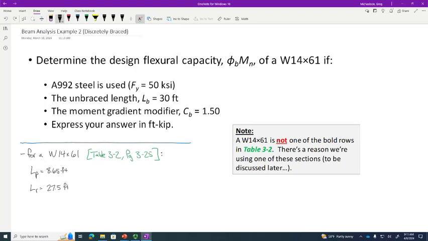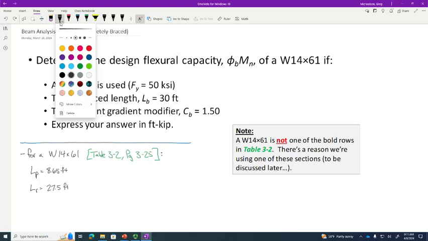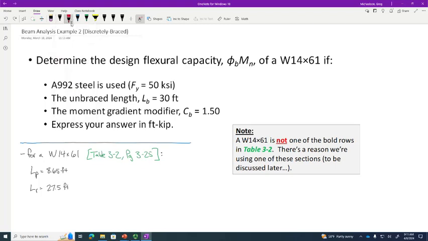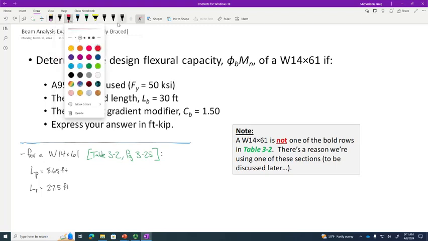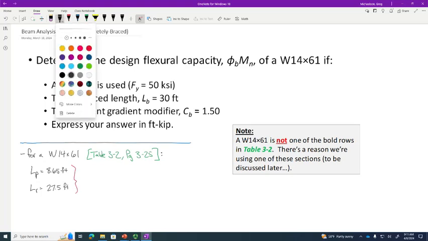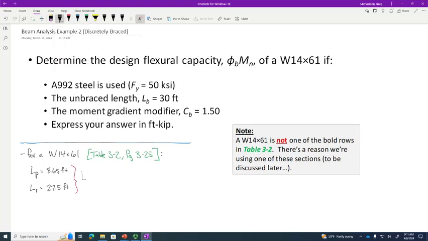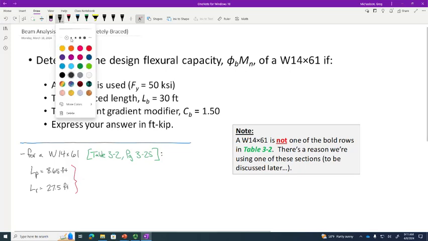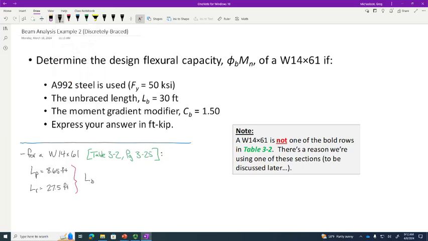Say it again, 30? 30 feet. Okay, so if LB is 30 feet, what zone are we in? Zone 1, 2, or 3?